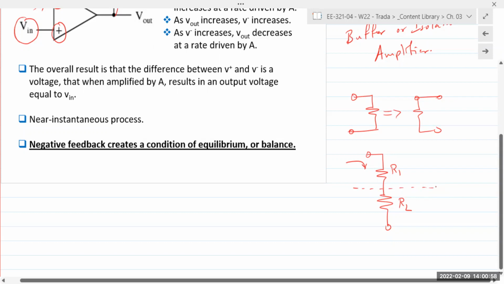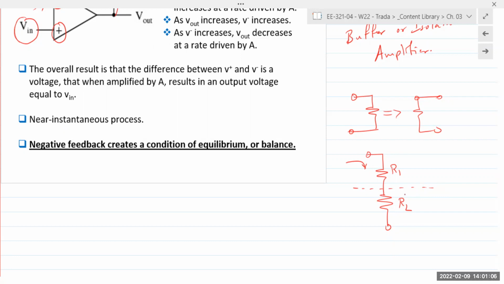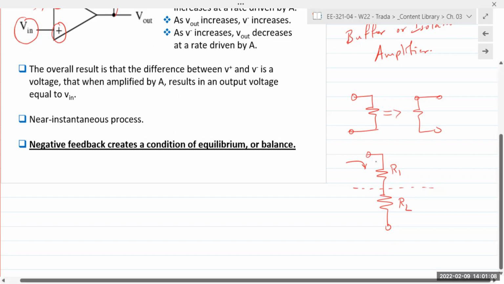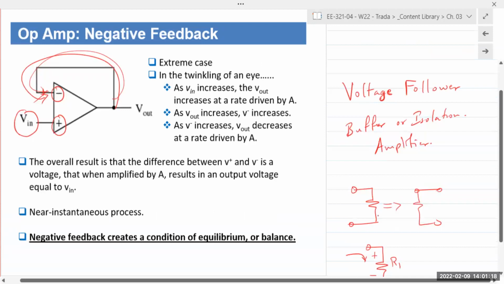If RL, the input impedance of the load, is small, what happens? Most of the voltage will be dropped internally in the source itself, right? The voltage across RL will be very, very small. Voltage division or Ohm's law, V equals IR. So if RL is small, the voltage that should have been delivered to RL is no longer being delivered.